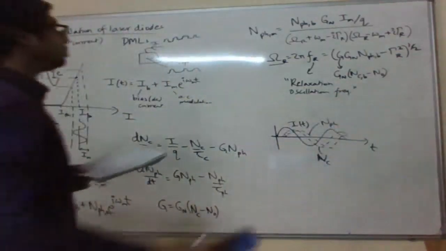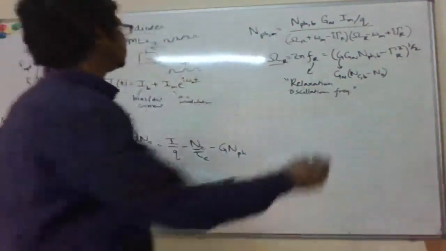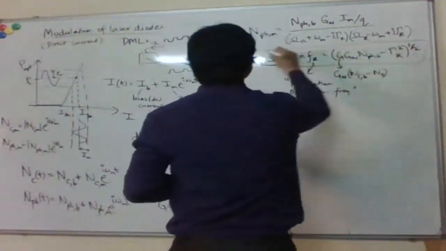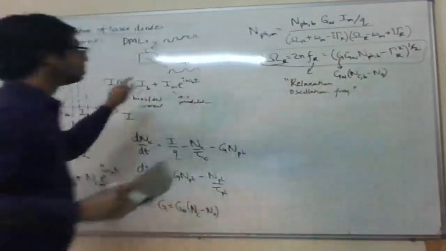So you can see it's a property of the device. It just depends on the device constants and the bias current.